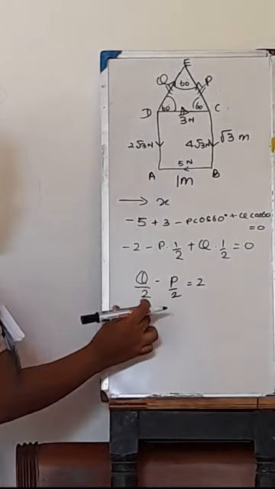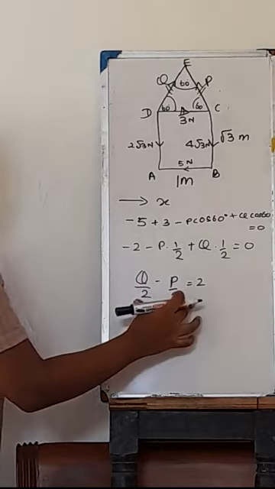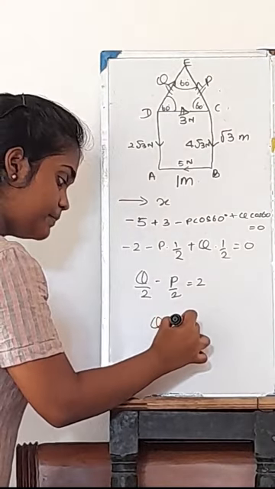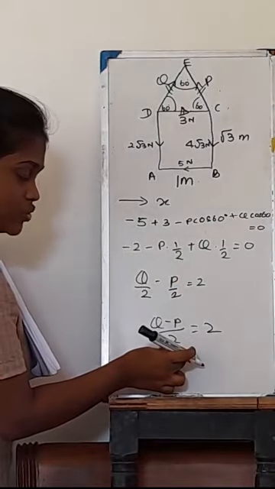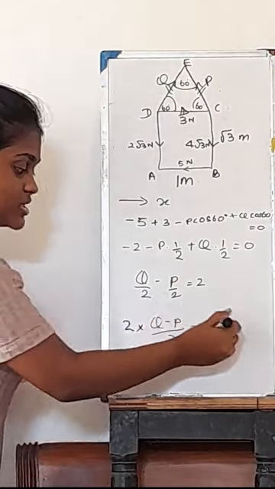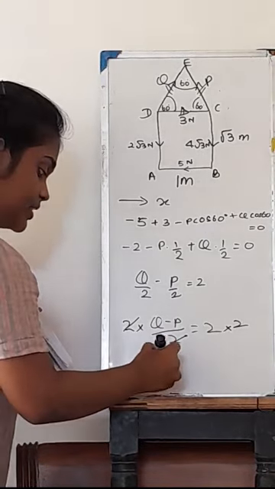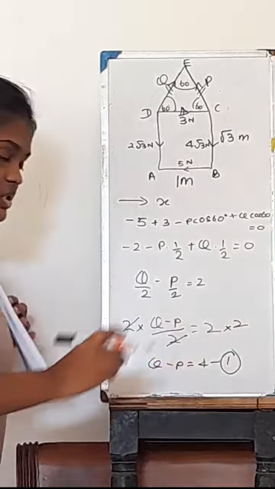I took Q first because it's easy because it's plus here. So now we have to take the common denominator. It's 2, so we write Q minus P over 2 equals 2. Then we have to remove this 2. So we multiply both sides by 2. So this will get cancelled. Q minus P equals 4. That's the first equation we get.